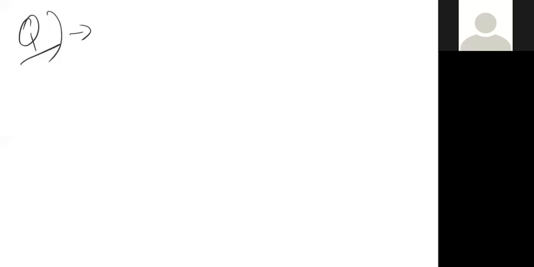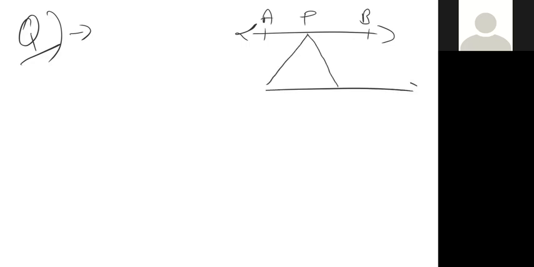All right, so let's do a question, guys. So we have two parallel lines, A B and C D, and we have a triangle, right?